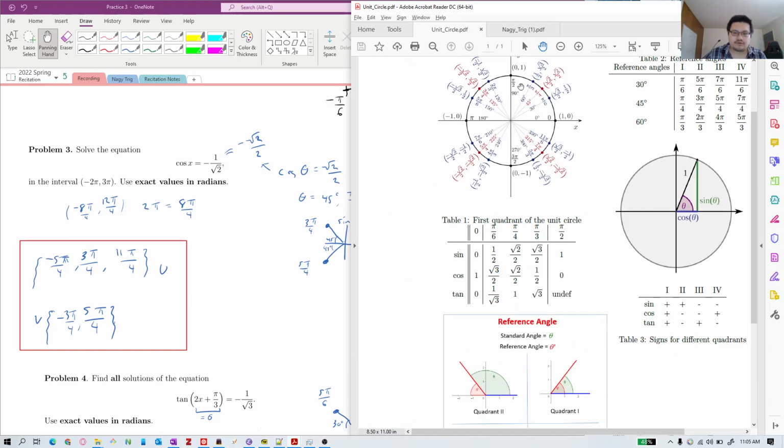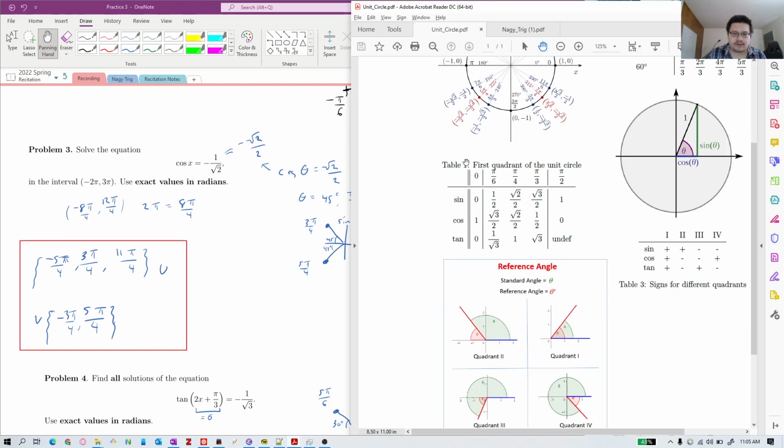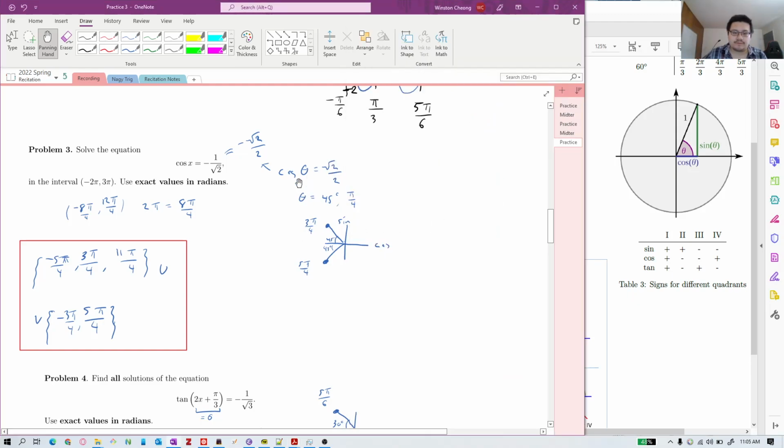I mean, you could use like this really complicated thing. I would prefer to think about it in terms of this table. So the values for cosine, the outputs are here. And so you see root 2 over 2 shows up for the angle pi over 4, which is a 45-degree angle. So the simplest solution you should think of is 45-degree angle, pi over 4, right?